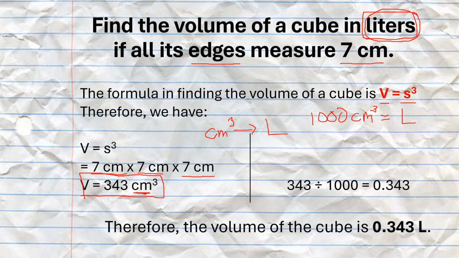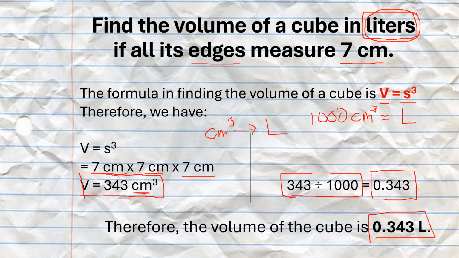So to find the number of liters in 343 cubic centimeters, we simply divide 343 by 1,000. So 343 divided by 1,000, that is 0.343.